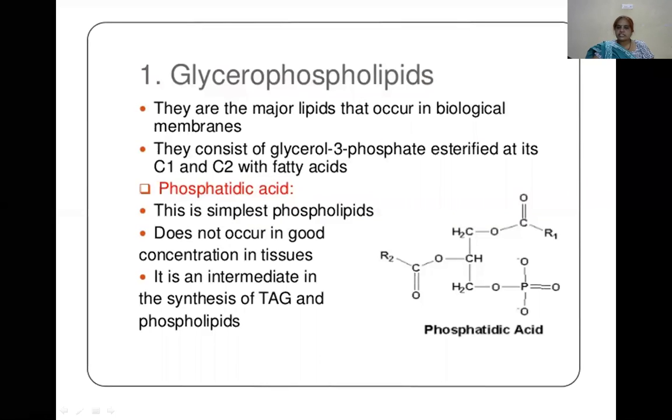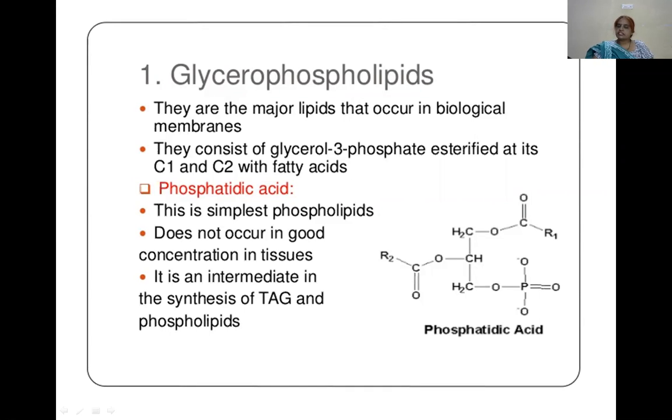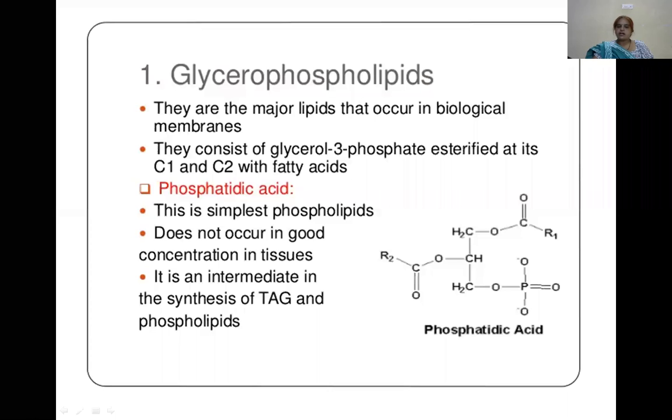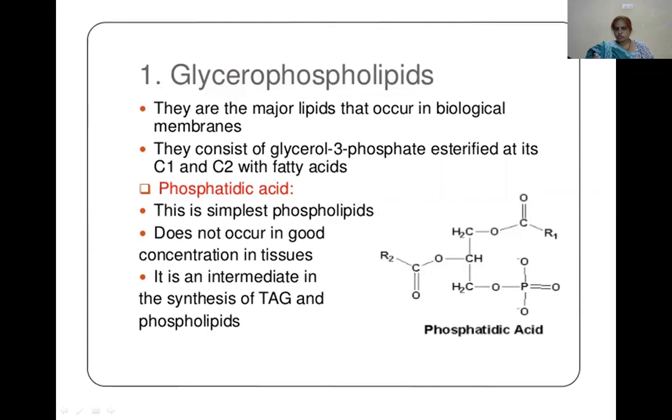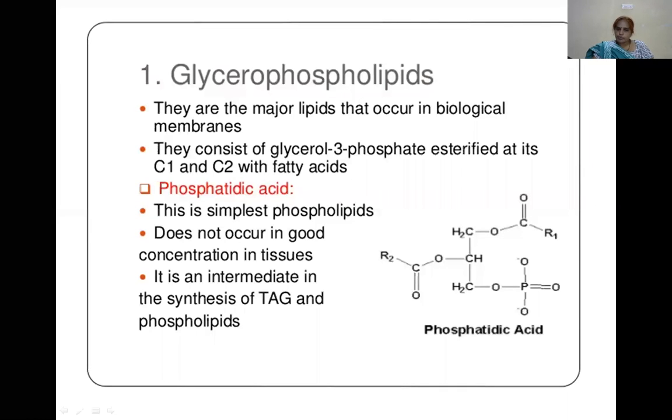They consist of glycerol 3 phosphate, which is esterified with fatty acids at carbon positions 1 and 2.